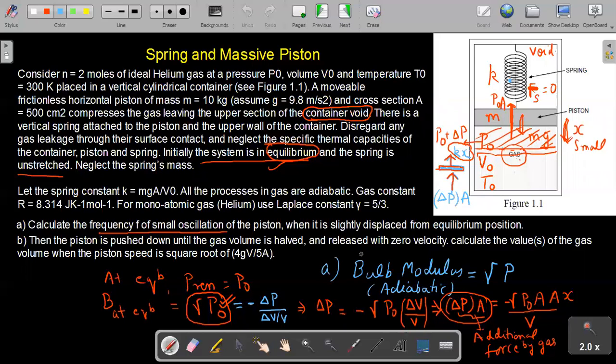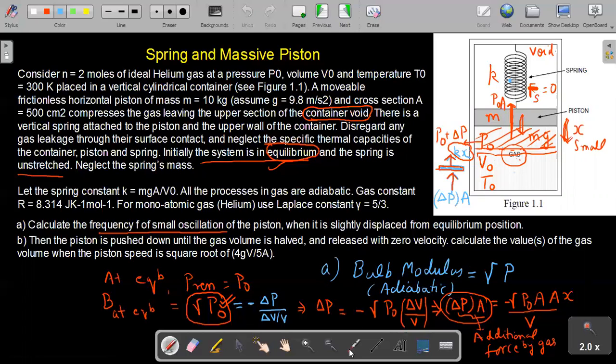Now you can think that the piston is in contact with two springs. One is the metallic spring which is above the piston, and second is the virtual spring which is caused by compression of the gas. Okay.